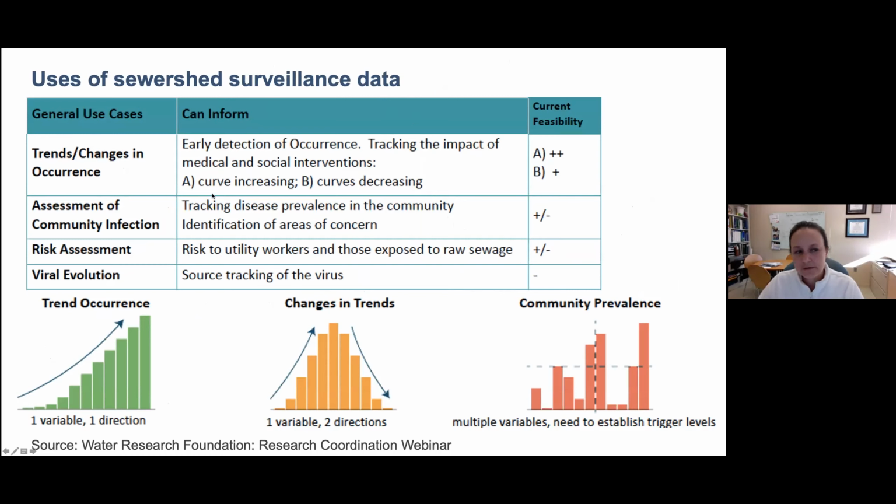It went through some possible uses for looking for virus in water supplies, and where we are currently with our understanding and the feasibility of these. I'll go through each of these and speak to where the state of this is in most of our communities. The first is to look at the wastewater concentrations and understand trends.